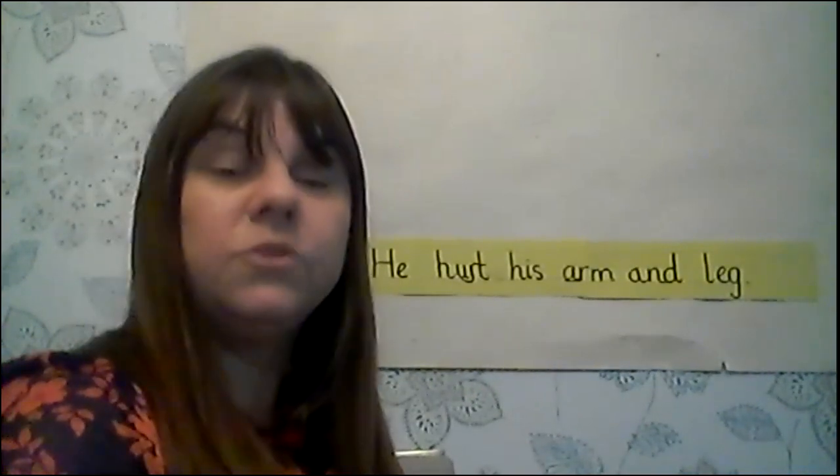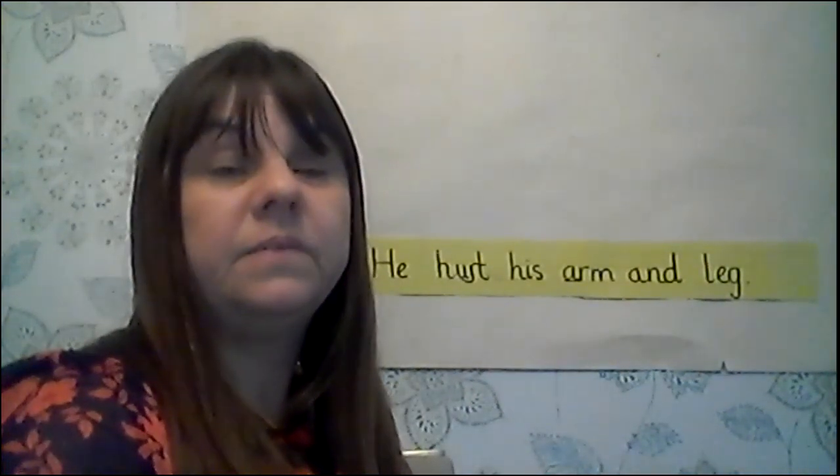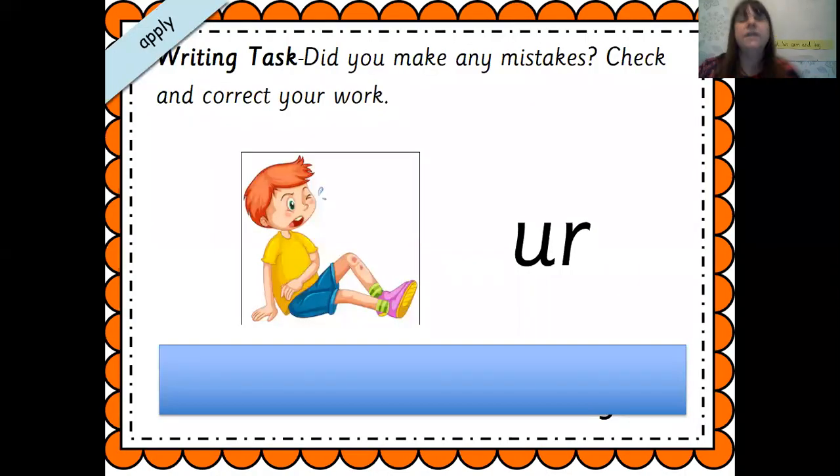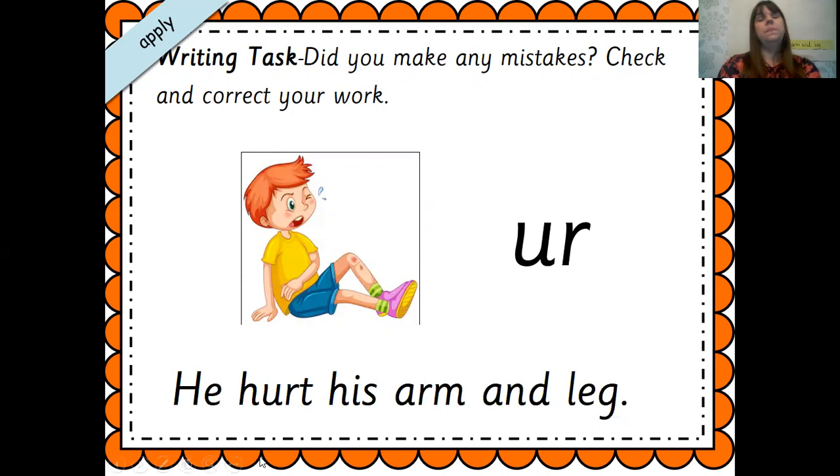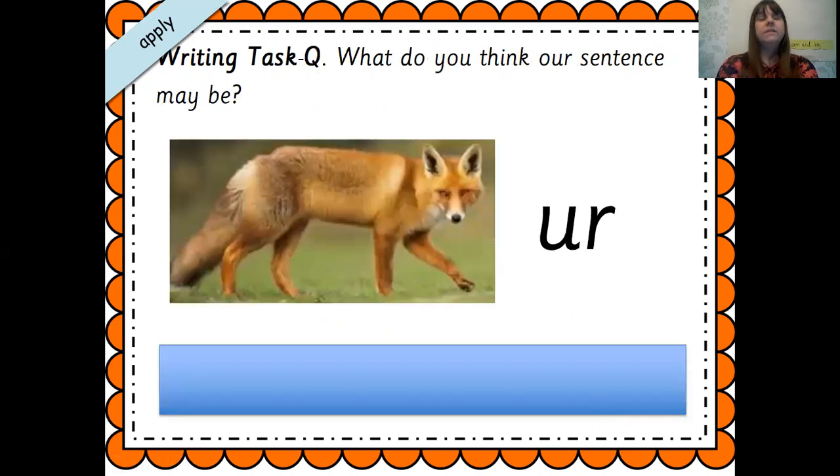Let's go back to our screen. So, he hurt his arm and leg. Well done. The next sentence is where you're going to do this along with your adult. But again, we're going to think about what it could read.